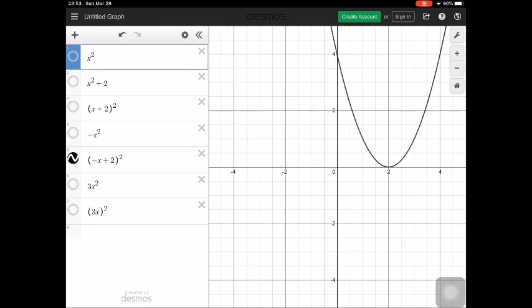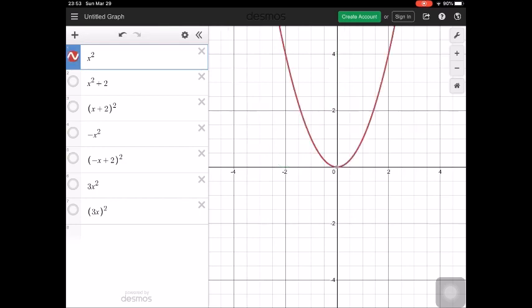Then, going back to the parent function, what do you think should happen for the sixth function where we have 3x squared? Pay attention, we're gonna get something like this. The dashed red function represents this transformation, which we call a stretch, a vertical stretch in this case, okay? So if you see, the graph looks more compressed than the original function, and all of the values of y are tripled.